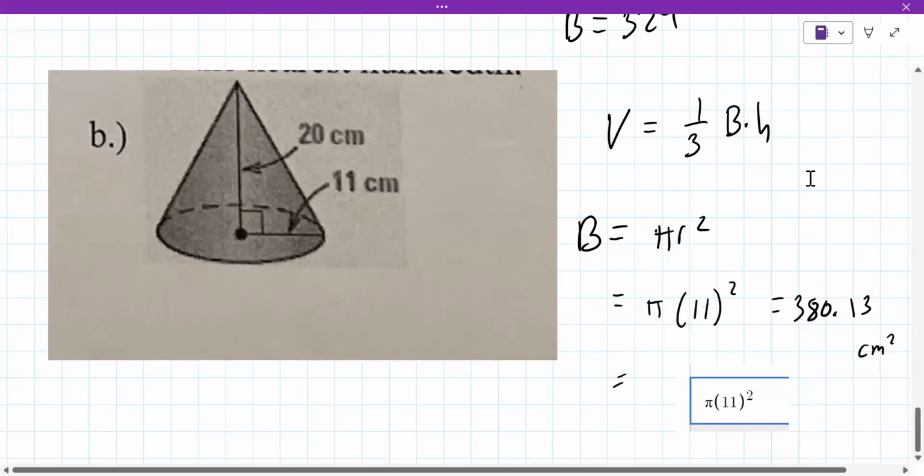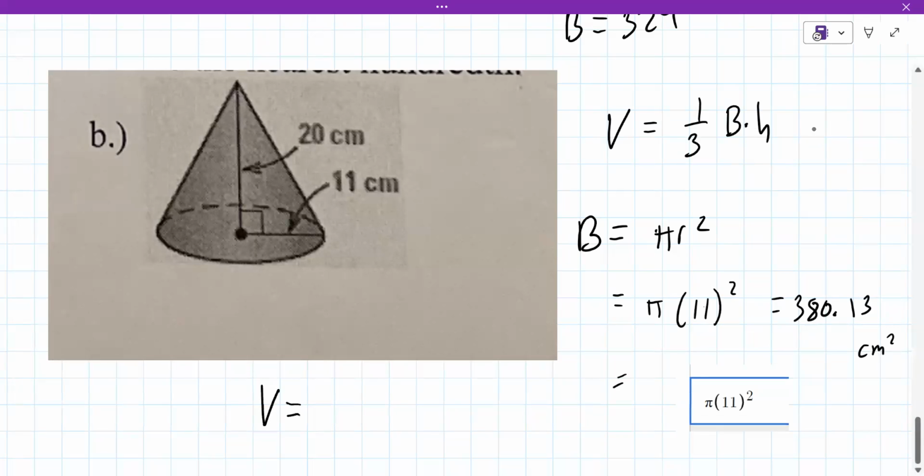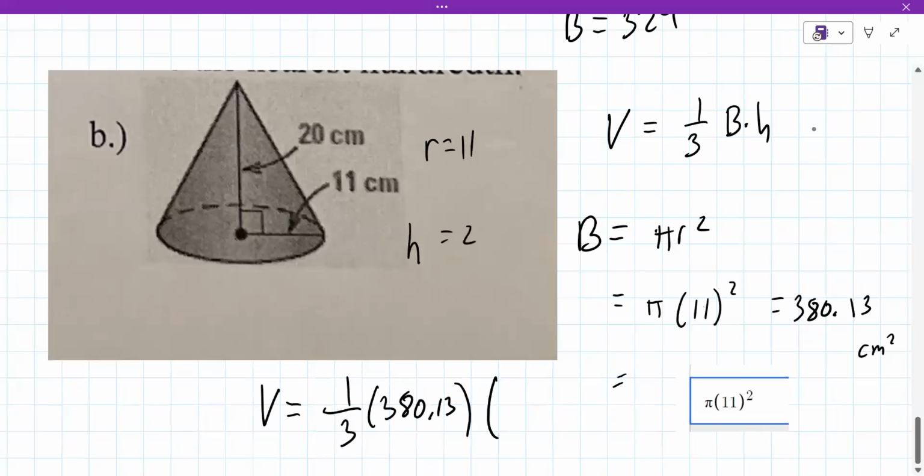Good. Now to find the volume, we need the height. What is the height of the cone? Yes, 20. That's right. So the volume is 1/3 the base, which is 380.13, times the height, which is 20.